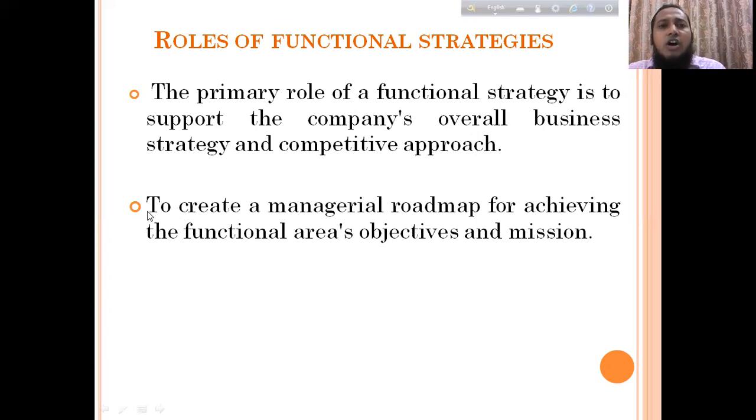A second role of functional strategies is to create a managerial roadmap for achieving the functional area's objectives and mission. Each and every functional department must have its respective objectives and mission, and by developing a functional strategy, the departmental head ensures the achievement of functional objectives and mission.